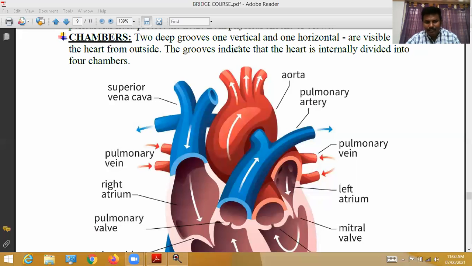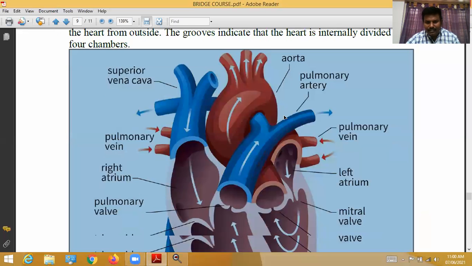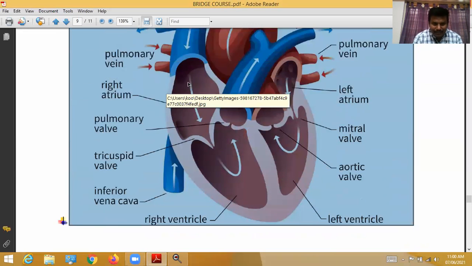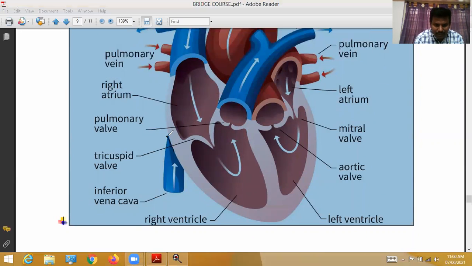Next, the inferior vena cava. See here in the diagram, this is called the inferior vena cava.